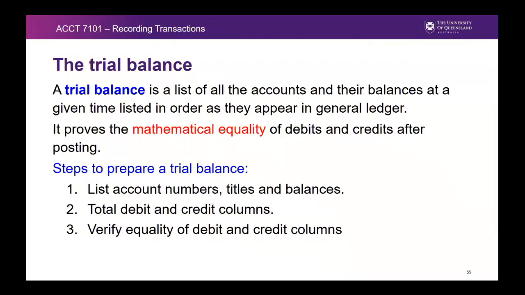The illustration we'll be looking at is just at the end of the month. It's usually at the end of a financial period, say 6 months or 12 months. And then, of course, the trial balance has the closing balances, and also whether it's a debit or credit.